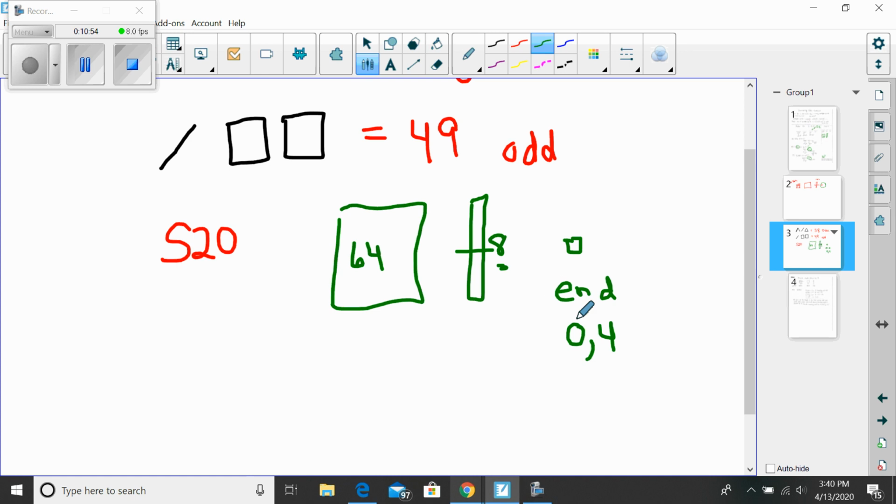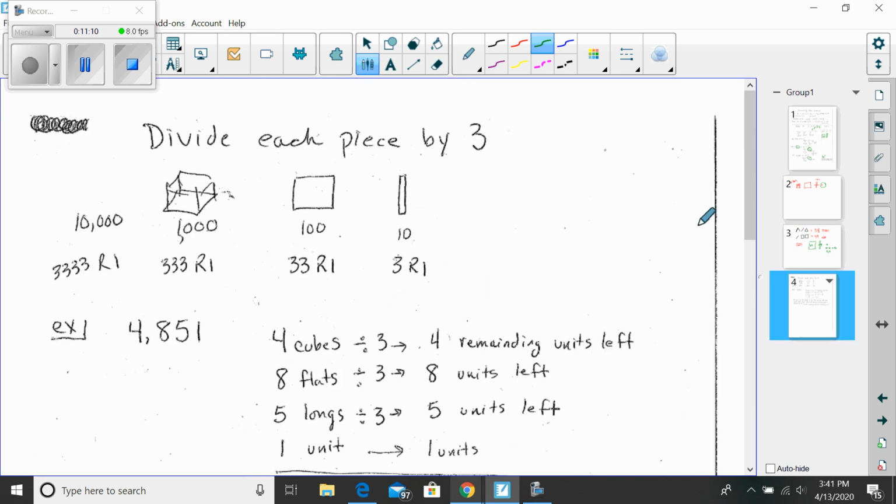Okay, so what that means is if I were to lay out this number, 4,851, all right, that would be 4 flats, or I'm sorry, 4 cubes, 8 flats, 5 longs, and 1 unit. All right, I could divide each individual piece by 3.